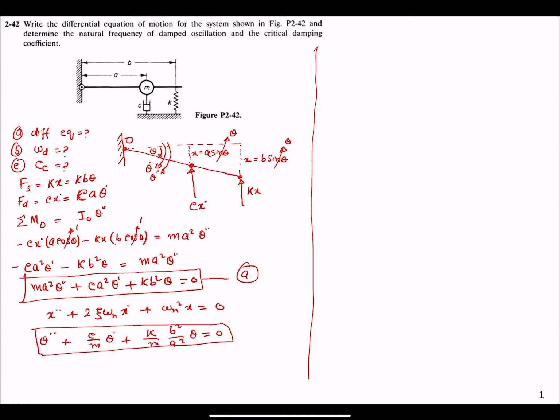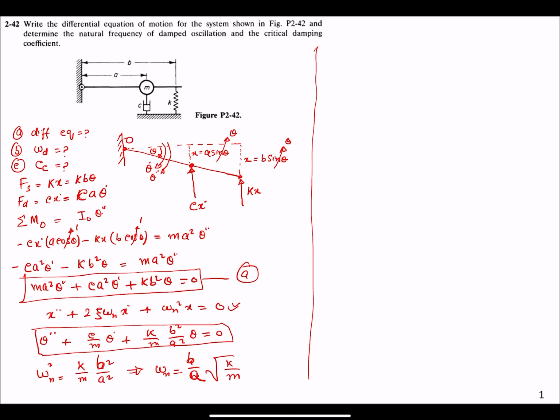Comparing with the standard equation, omega n square is k by m times b square by a square. So from here we can calculate omega n, which is b divided by a times the square root of k by m. So this is the value of omega n.